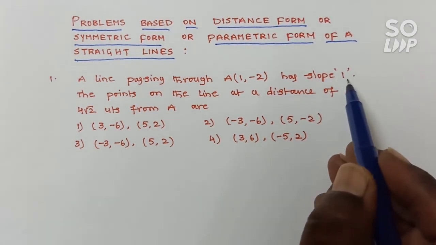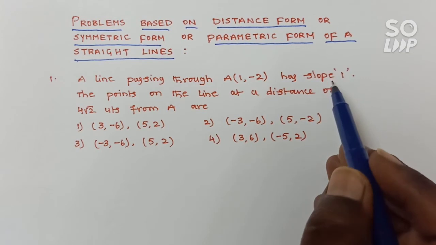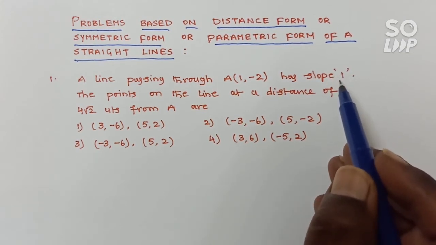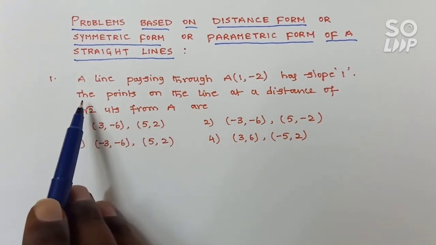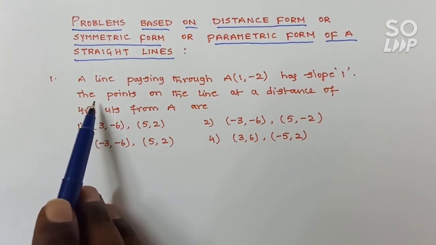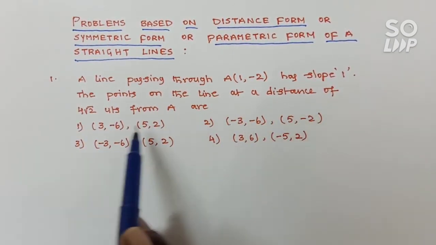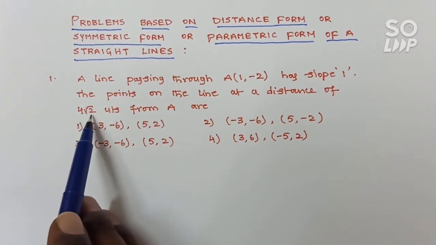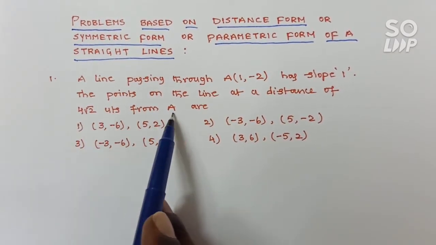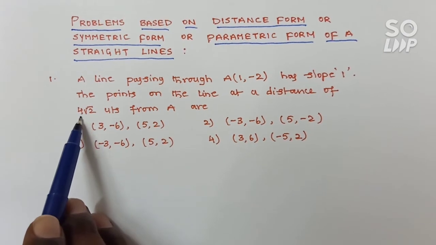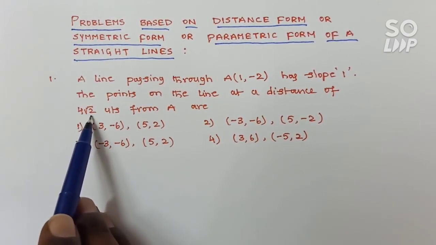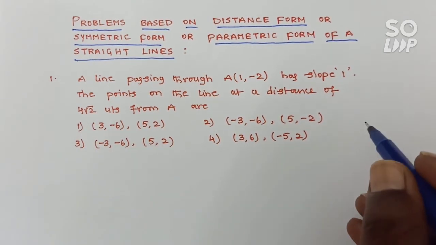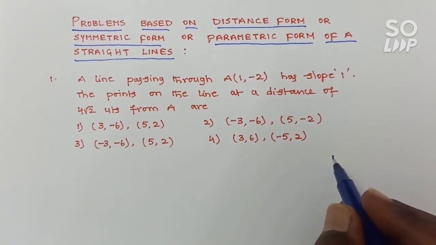So tan theta equals 1, which means theta equals pi by 4. Now you have to find the points on the line at a distance of 4 root 2 units from A. So 4 root 2 will be represented by r.